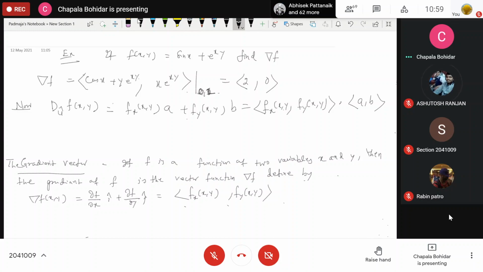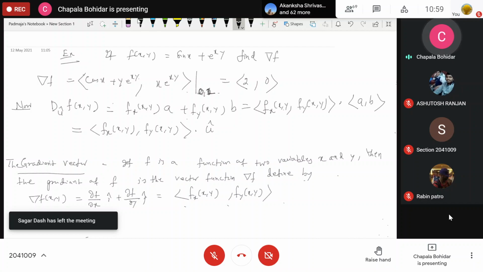That is equal to fx, fy dot this unit vector, and this is our gradient vector.